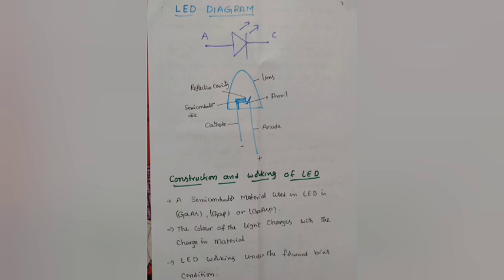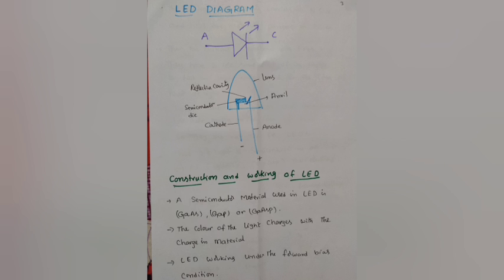The long terminal is positive, the short terminal is negative. In this diagram, the outermost lens protects the diode, and there is also the semiconductor die, anvil and cathode. The long terminal acts as the anode, the short terminal acts as the cathode.